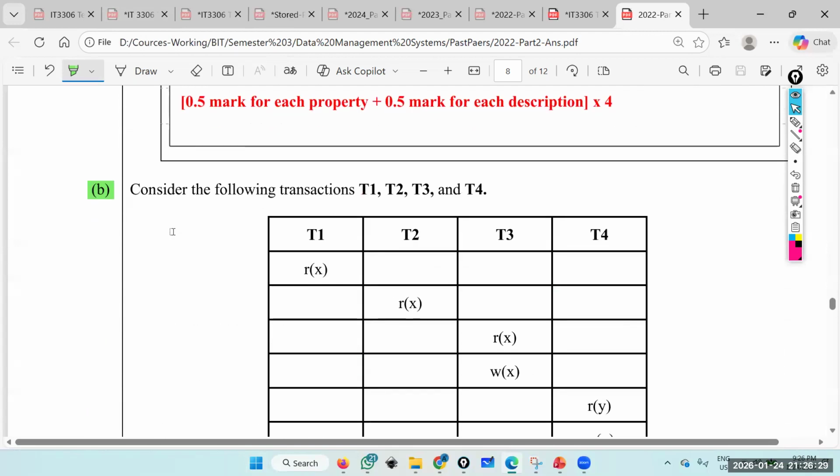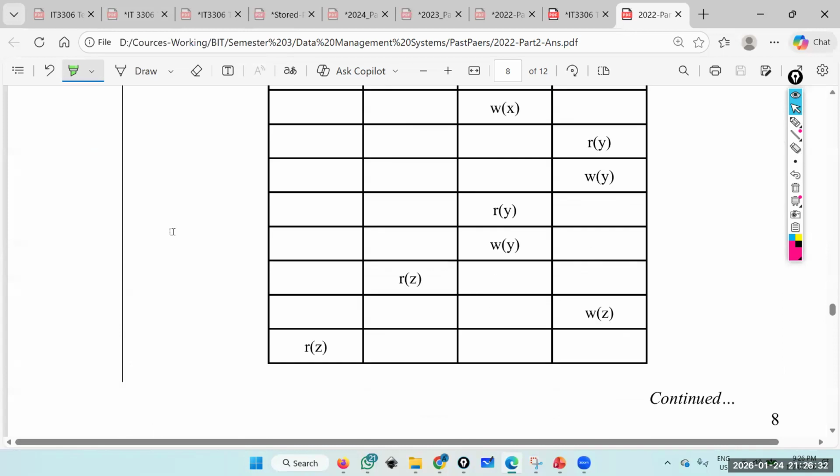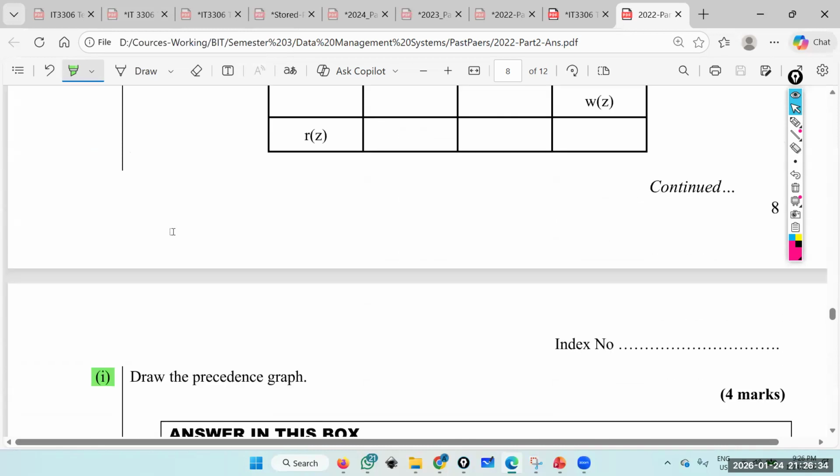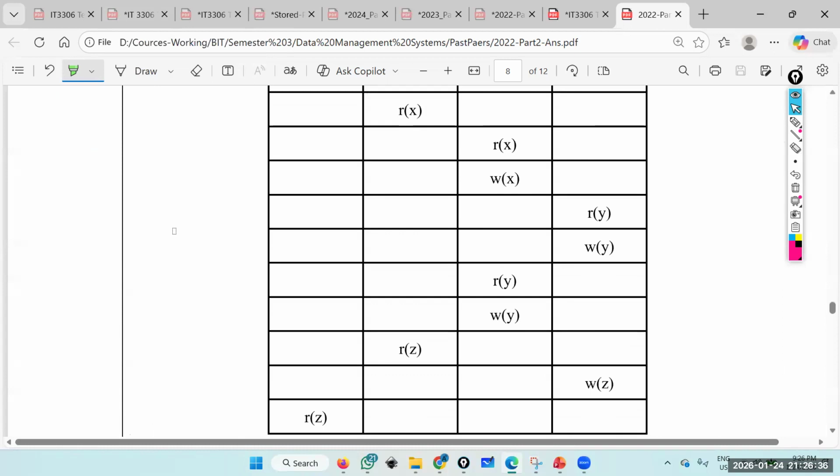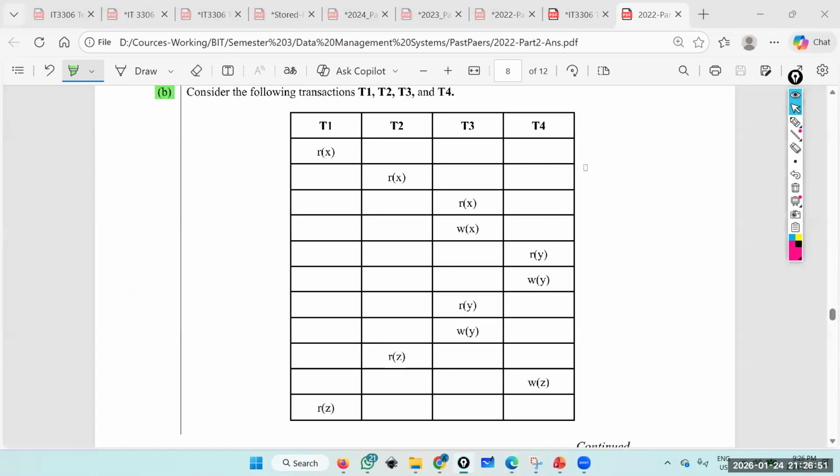Right, consider T1, T2, T3, T4. Draw the precedence graph. Okay, let's draw it. This is T1, T2, T3, T4. T1. This is read. Time is now going down. Okay.